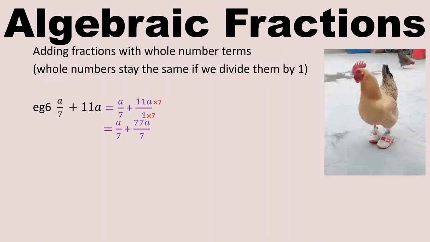Now that we have a common denominator, we know that the denominator of our answer will be 7, but we'll add our numerators. a plus 77a. Be careful, they are like terms, but the a with no number out front means 1a. So 1a plus 77a is 78a over 7.